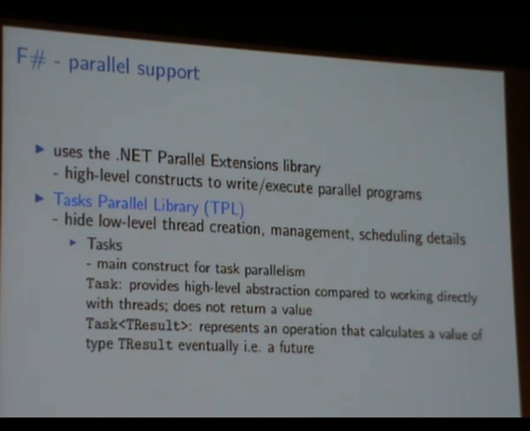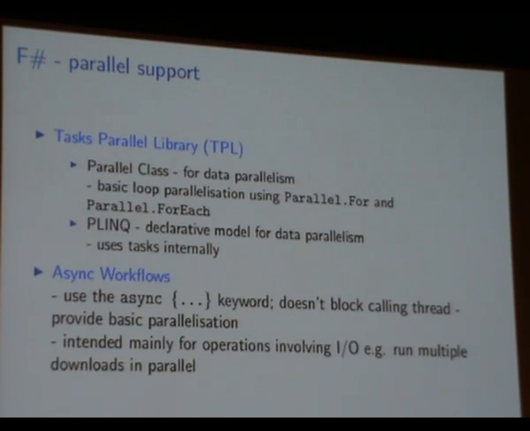The main concept of TPL is that of a task, which is the main construct for task parallelism. Task basically provides a high-level abstraction compared to working directly with threads, and you can have tasks that also return a result, which is basically a future. And there are two other constructs, like the Parallel class, which provides static methods like Parallel.ForEach, which is basically used for basic loop parallelization.